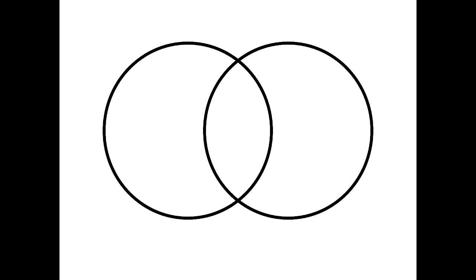So for 2, the situation looks like this. If I count the number of things in A and add it to the number of things in B, then I get this situation, right? The things out here, I'm right on. I've counted them once. The things out here, I'm right on. I've counted them once. But the things in here, I've counted twice, right?